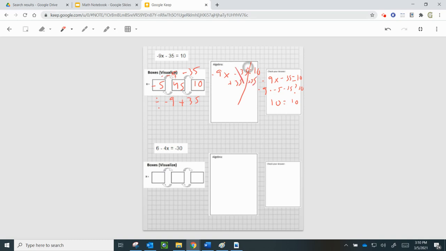And so these go away, right? Because negative 35 plus 35 is 0, and 0 plus anything is itself. So I still have negative 9x, and it equals 45.